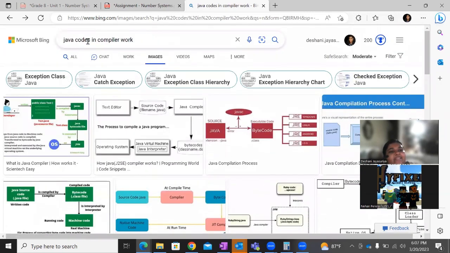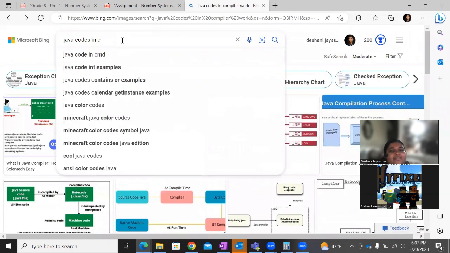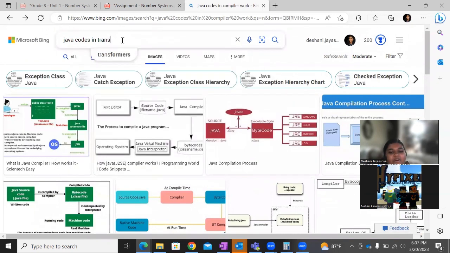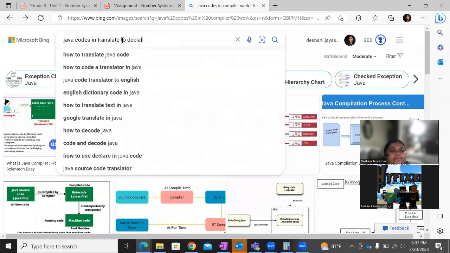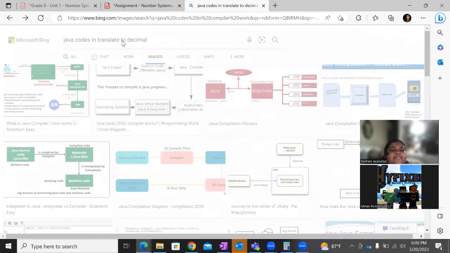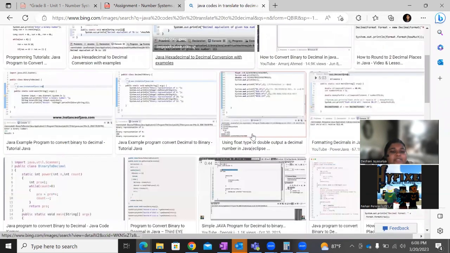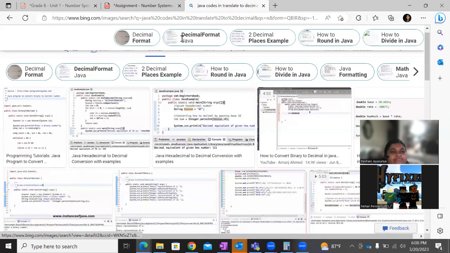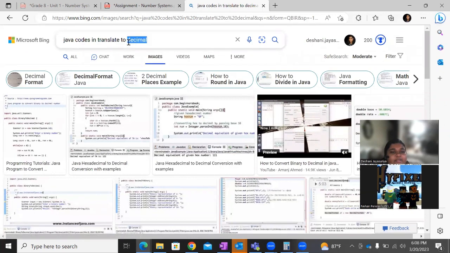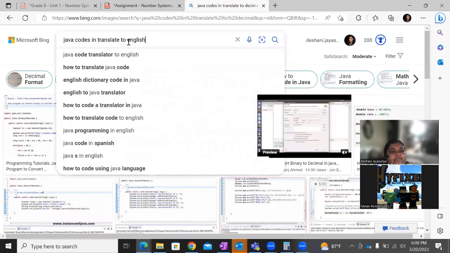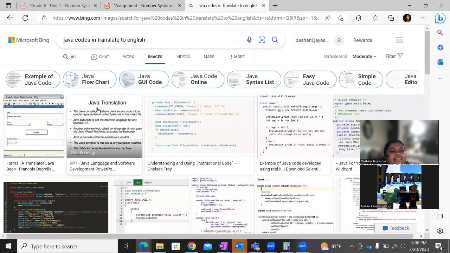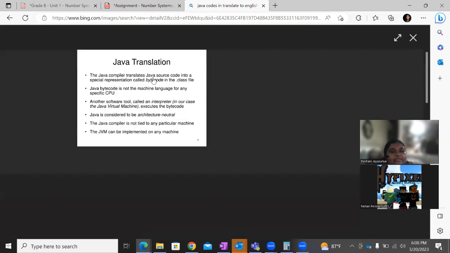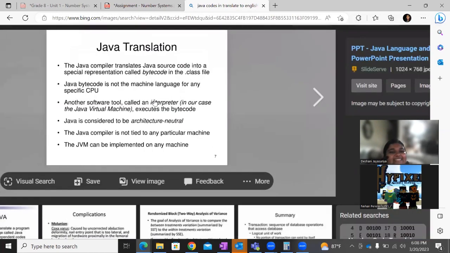Say Java first compiles, and actually we have to get it back to decimal form. We get that back to English.